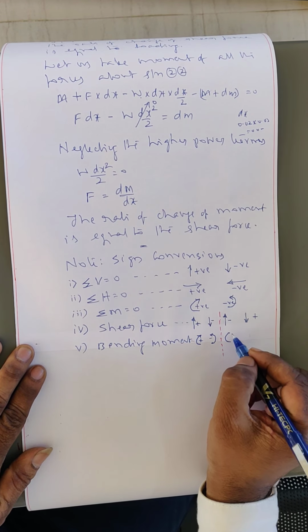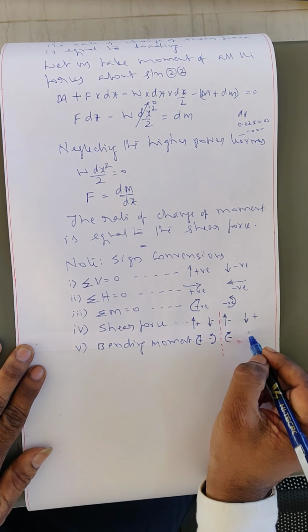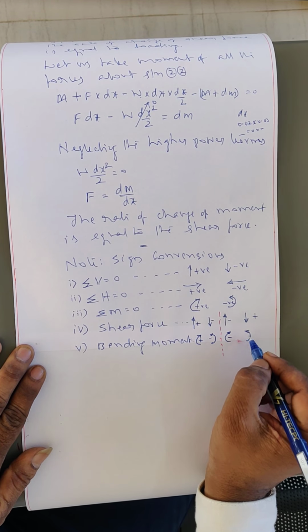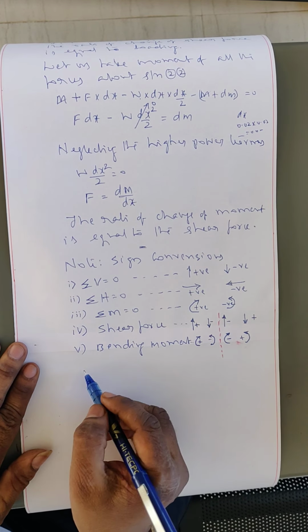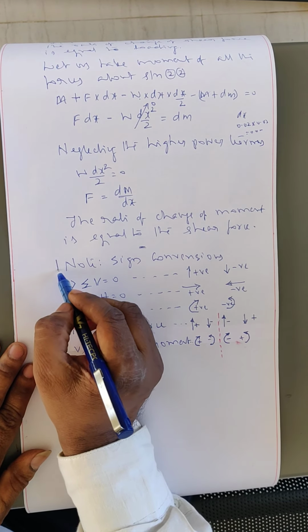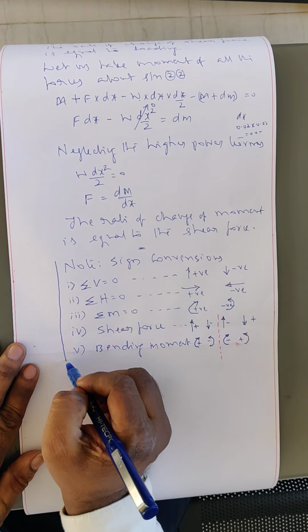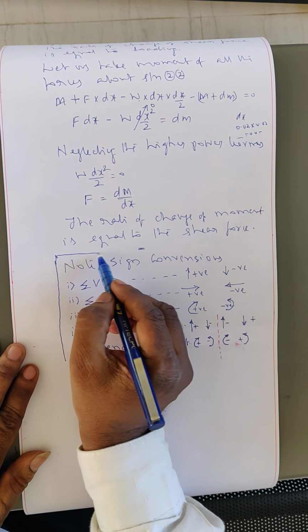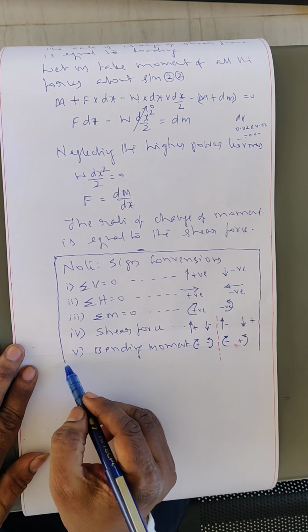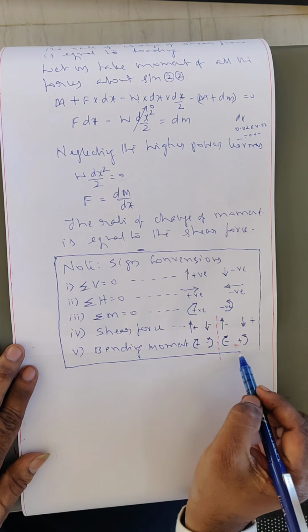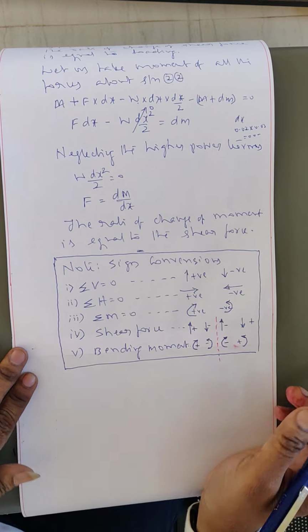To the right, clockwise moments are negative, anti-clockwise moments are positive. These are the sign conventions we followed for solving the problems in this module 3, shear force and bending moment.